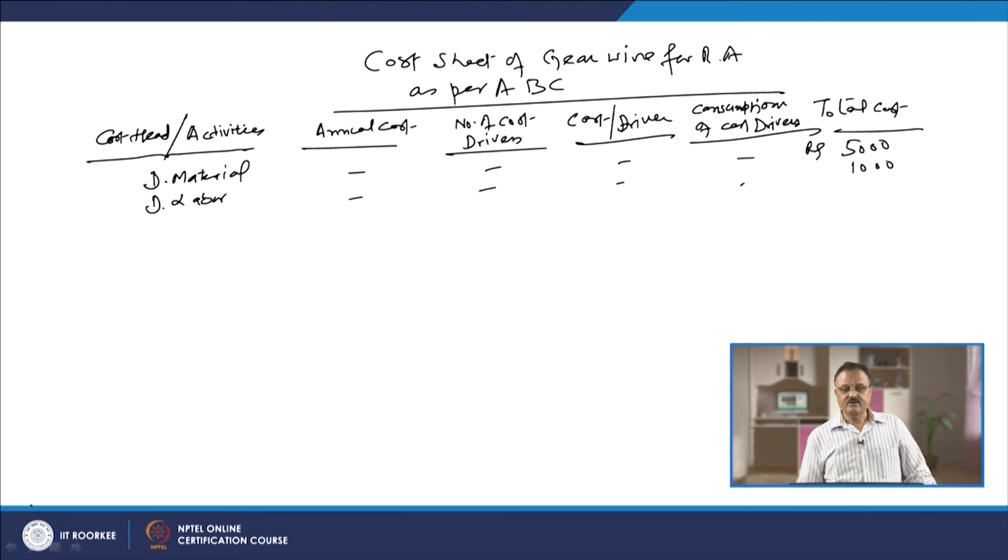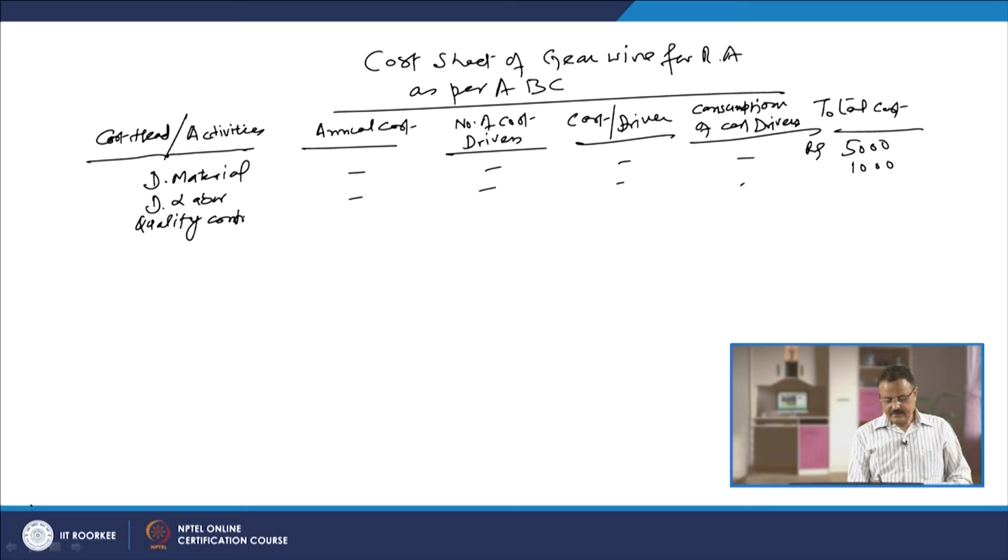The direct labor cost is rupees 1,000. Now, we will be talking about the different activities for allocating the indirect cost, which earlier we have been allocating as 400% of the direct labor, but now we will not do it. So, we will have to find out the different activities, and the first activity is quality control. What is the total amount required for quality control here?